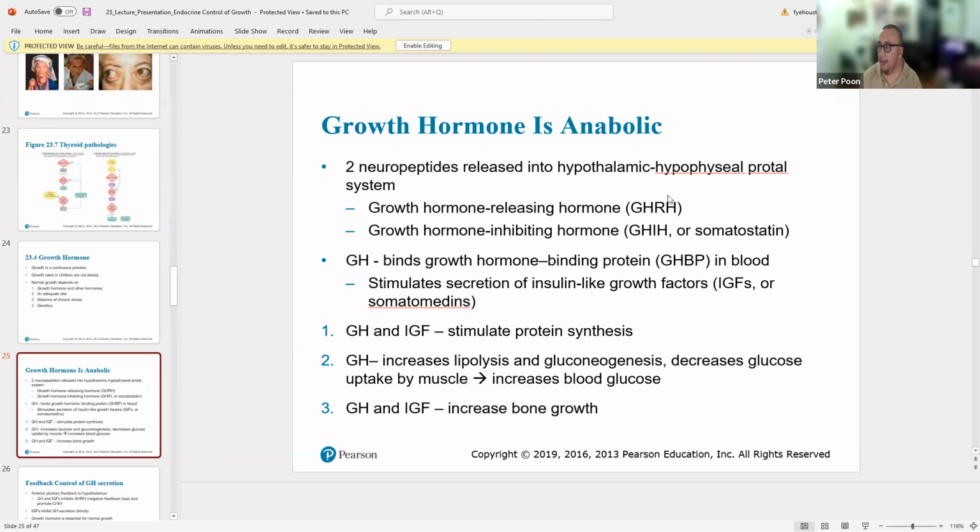GHRH stimulates growth hormone release, GHIH, or somatostatin, prevents growth hormone release. The other name for growth hormone that you'll see is somatotropin.